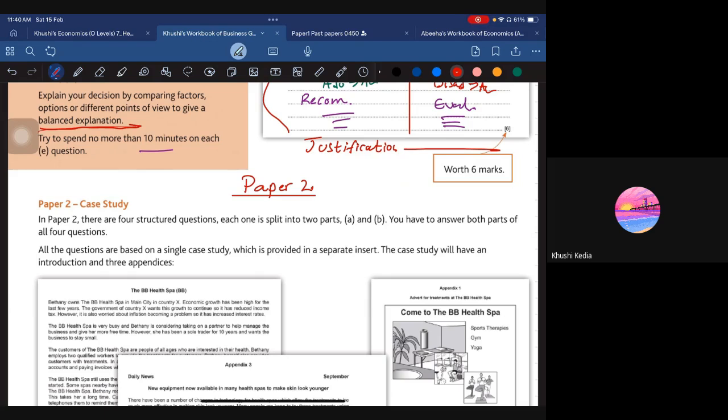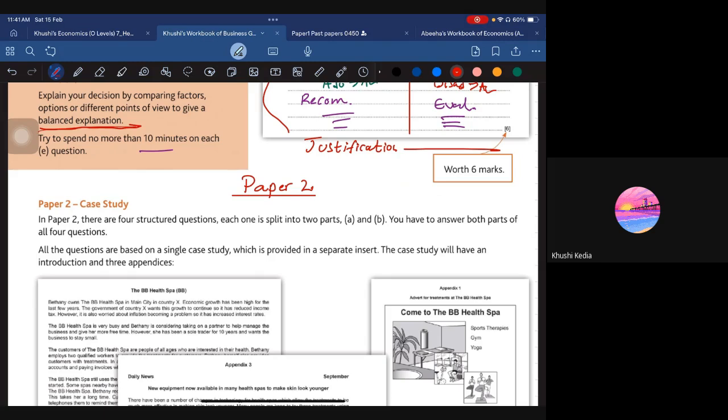Basically, the levels given by Cambridge show you that the lowest level is where you are only able to provide some knowledge and a very small bit of analysis, and there is no evaluation in it. The higher level is where you have developed the points and made some analysis too.